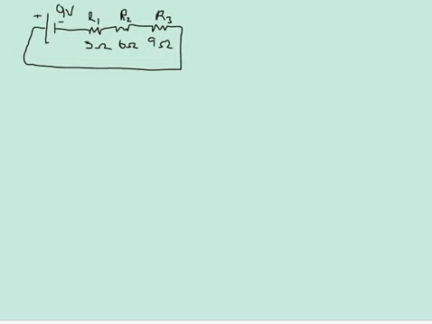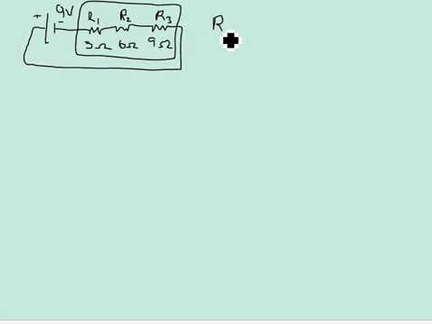So we have to first simplify this down to one of those simple circuits that we're used to looking at. 1 battery, 1 device, but that 1 device is really an equivalent device. So we're going to take this and create an equivalent resistance for these 3.